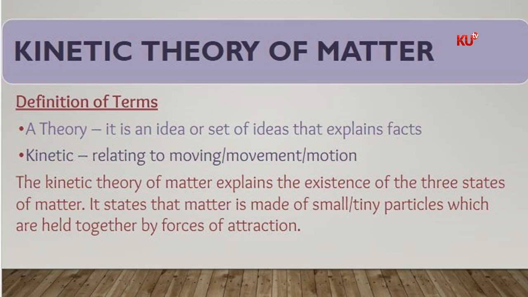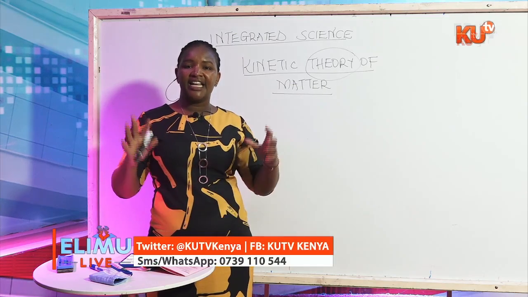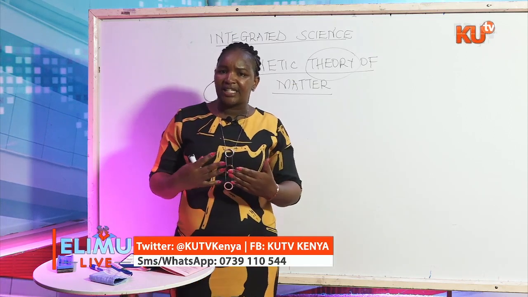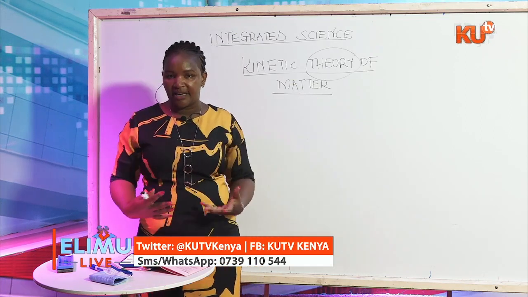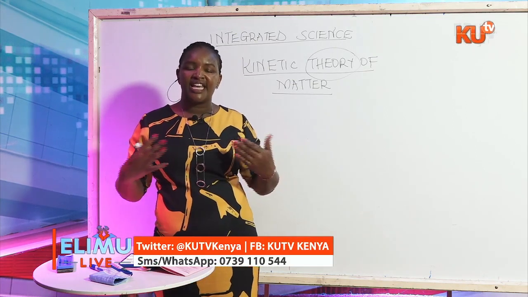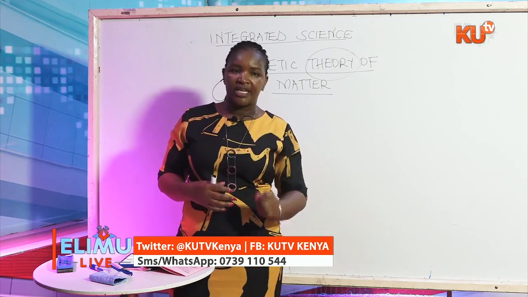It is an explanation. It is telling us more about something. So when I give a theory, I'm trying to explain. Not only in science, even in life, there are so many theories. In other learning areas, there are so many theories. They are simply trying to tell us why things happen the way they happen, and why things exist the way they exist. So that is what a theory is.